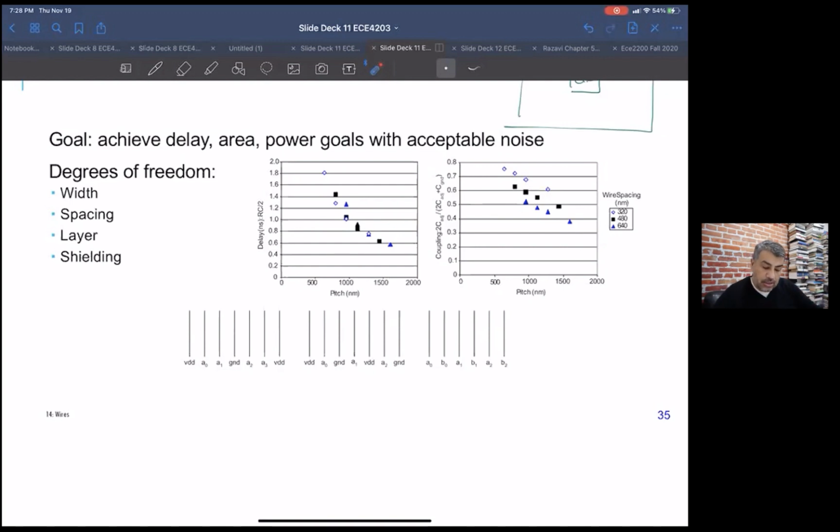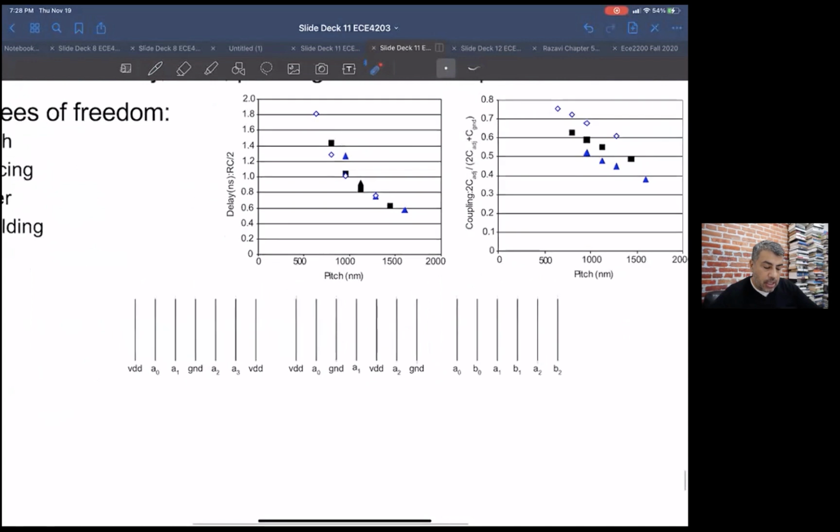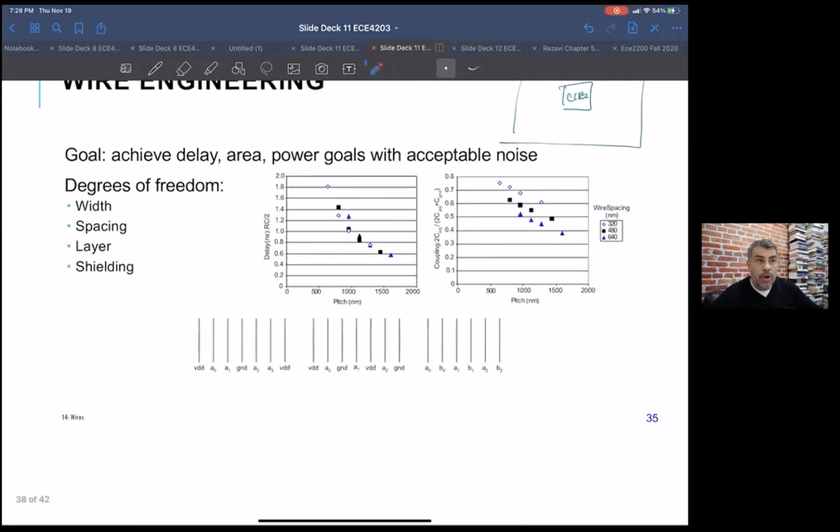If you're on metal 1 and on a tight pitch, you can run VDDs and grounds around your data lines. These can shield the data lines from each other on the same metal line. Or you can go up to higher layers to reduce your actual resistance, and possibly reduce your capacitance. And so anyway, it can also shield, as we talked about.